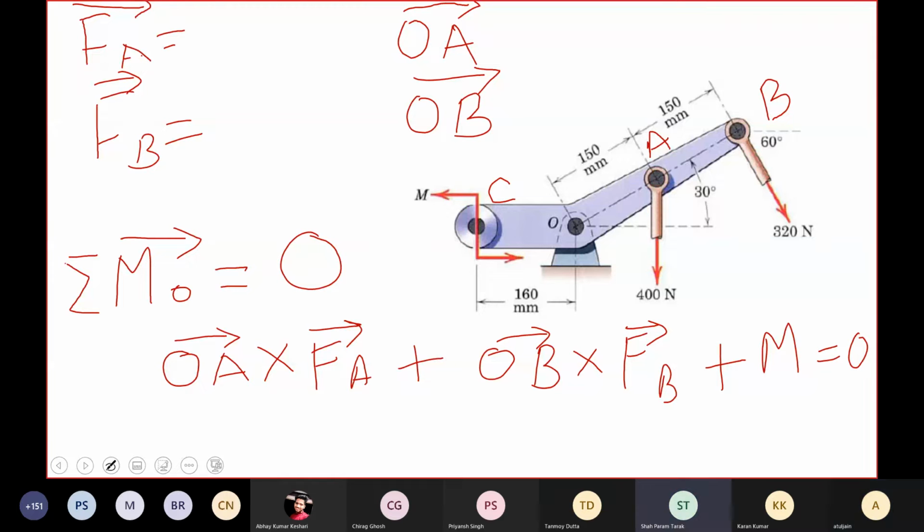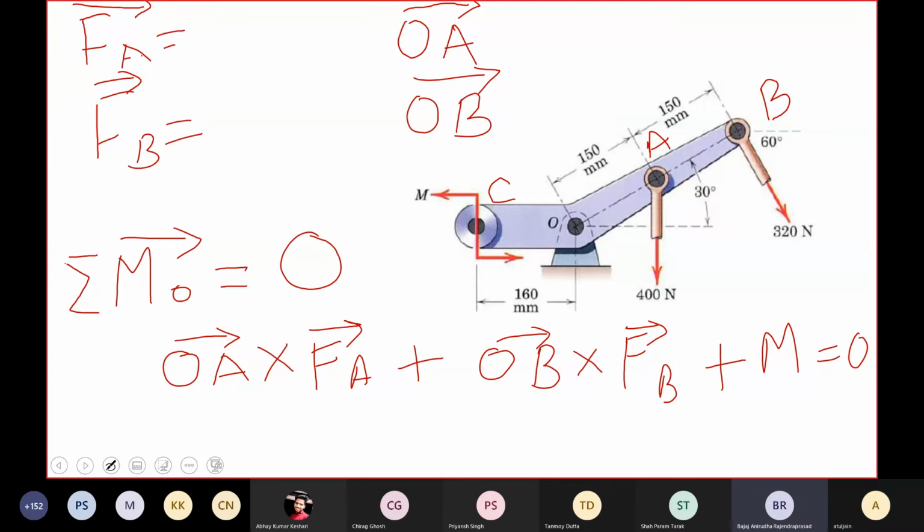Sir, in the figure, M is given about point C. But we have a couple applied at C. Okay, sir. So finally in the question it is written that there will be a net one force which is passing through O. Yes.